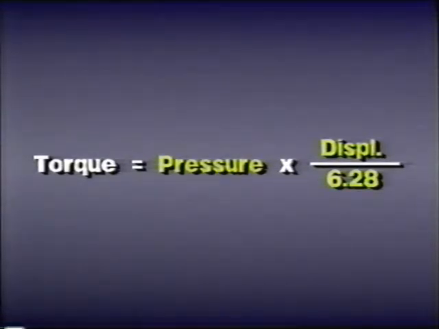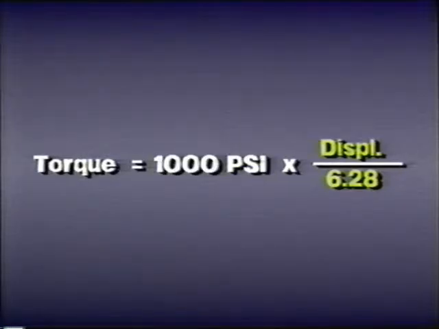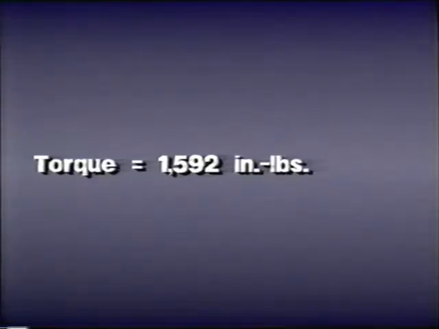Now remember, all of our examples assume 100% efficiency. For example, if the pressure is 1,000 pounds per square inch and the displacement of the motor is 10 cubic inches, then the torque is 1,000 times 10 divided by 6.28, or a little more than 1,592 inch-pounds.